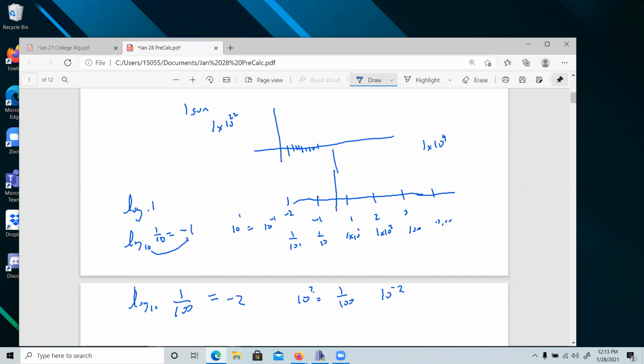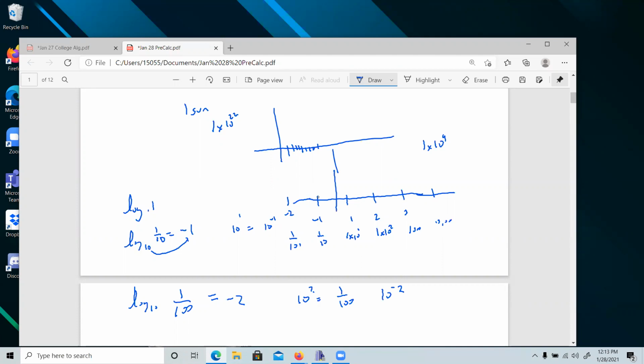Okay. So if you need to have very small numbers and you want to compare very small numbers with each other, you're going to be on the negative side of this graph, which is fine. But the idea here is it's supposed to be a tool for you to use, especially if you're in a science that studies things that are very far apart.